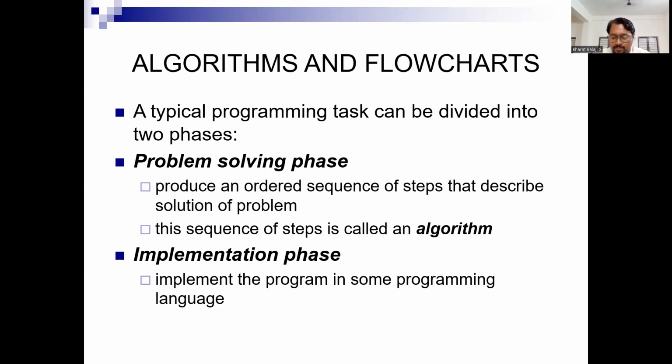That is, the possible steps we have to do in the program are written in the algorithm. The implementation phase is written in a programming language, and in the problem solving phase we write the steps which solve that particular problem, which is known as the algorithm.